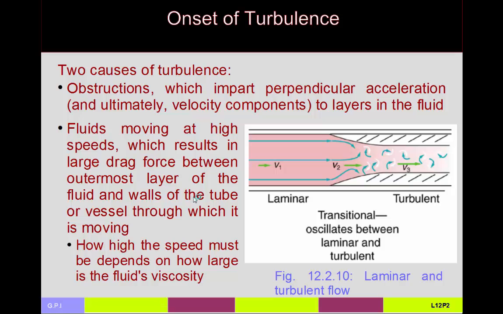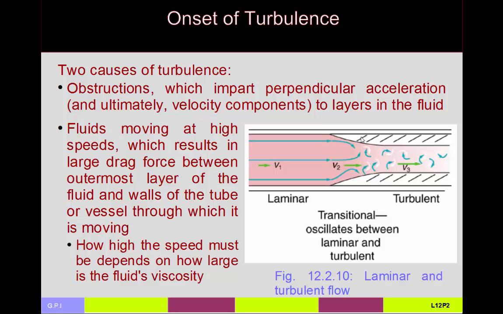The first is actual obstructions, which again I stated outright by going back to that pile of sand or rock or whatever it is in the fluid stream. When the fluid hits an obstruction, the obstruction imparts some acceleration to the fluid that has a perpendicular component to the initial velocity of the fluid.